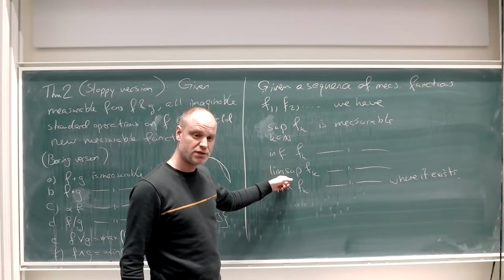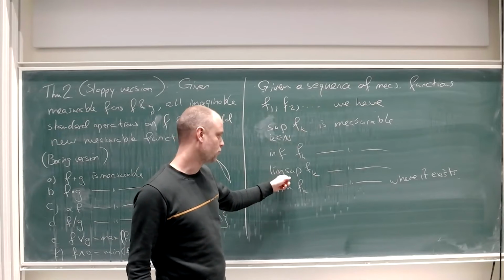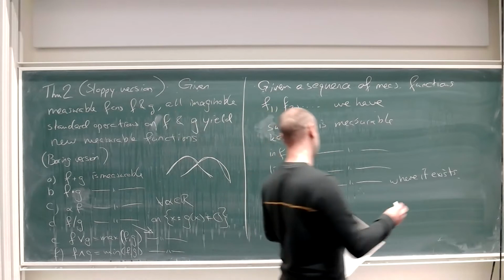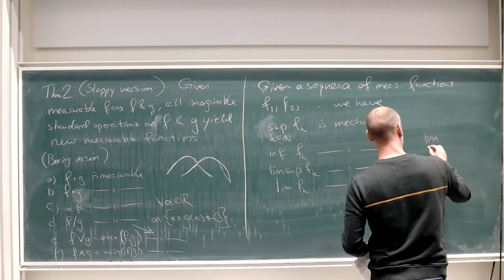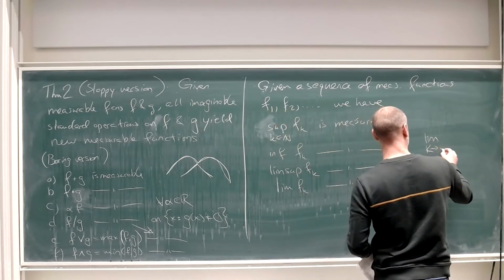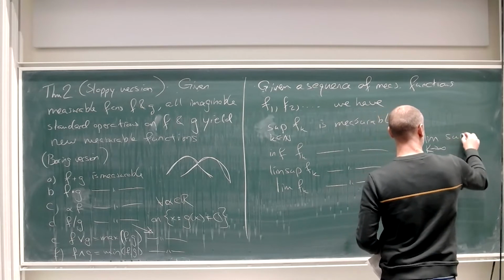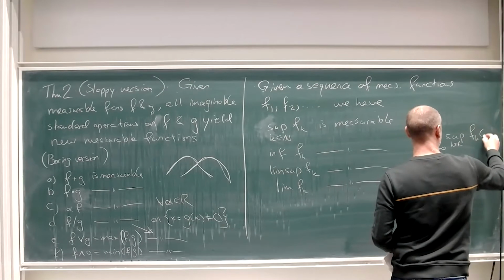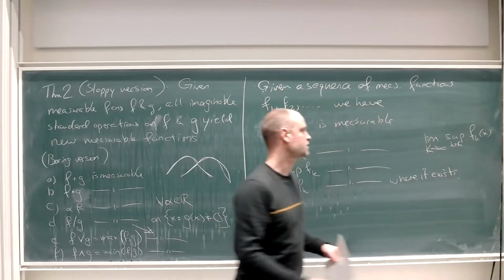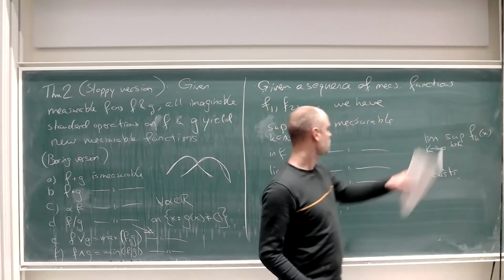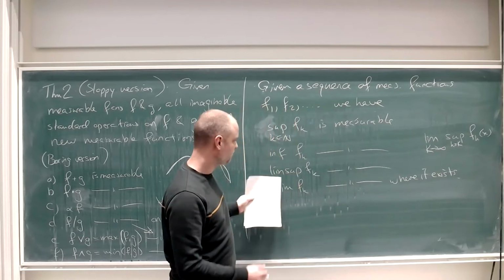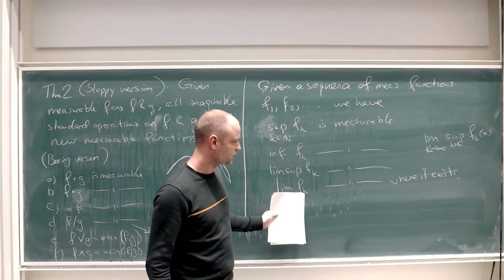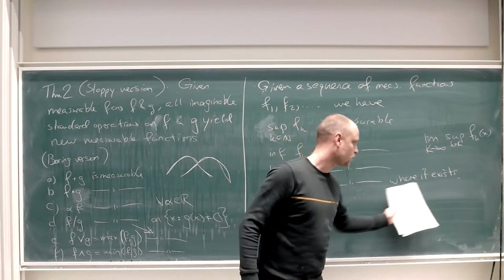Lim sup is maybe something you haven't encountered before. What is this? This means actually taking the limit as, let's say, big K goes to infinity of the supremum over small k greater than big K of f_k, at every point x. And the final one is the limit of f_k is measurable where it exists.